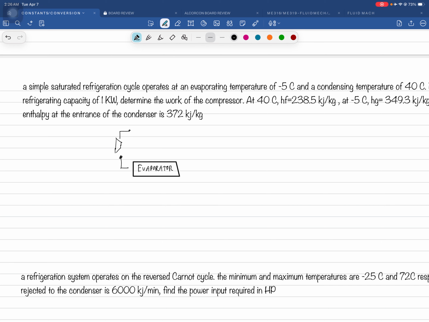After compressor merong condenser. Okay, after condenser meron tayong expansion valve, no?